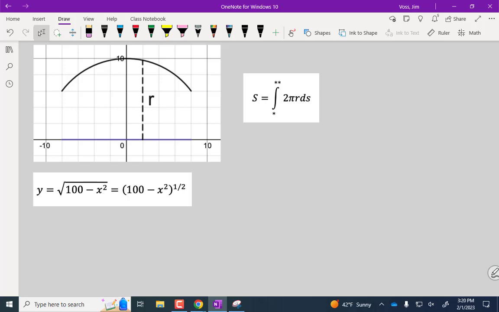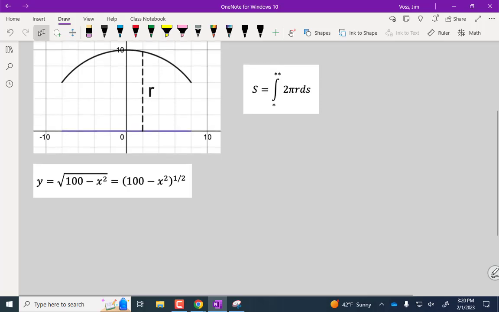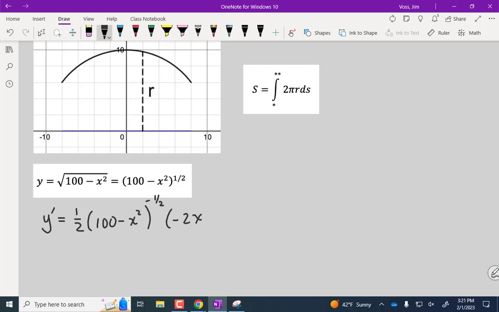Okay, so same old thing. We know the ds is going to take a y prime, and a y prime squared, and then a y prime squared plus 1. So we're just going to construct that inside of that square root. So the half comes down. We subtract 1 from the exponent. We multiply by the derivative of the base. That is our y prime. That's the derivative of the function.